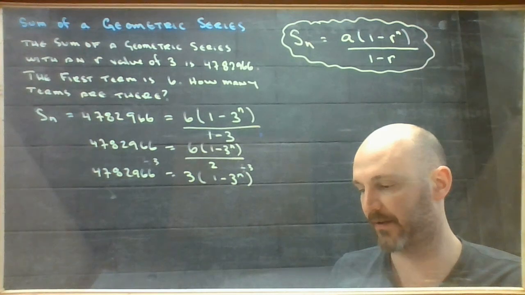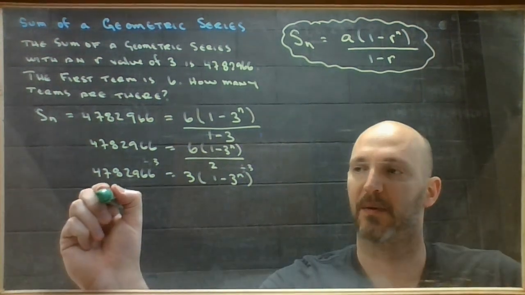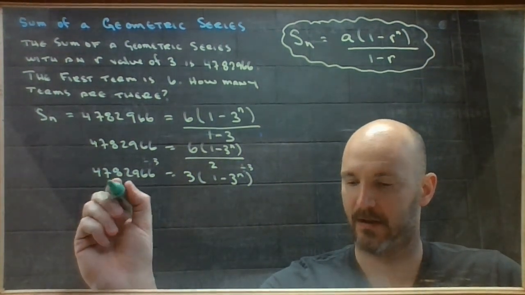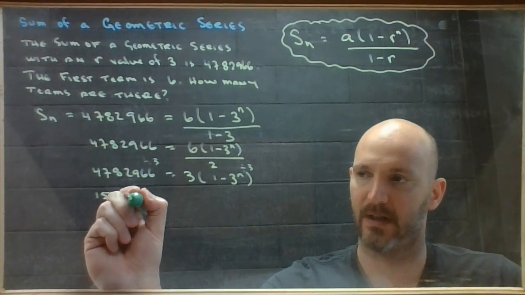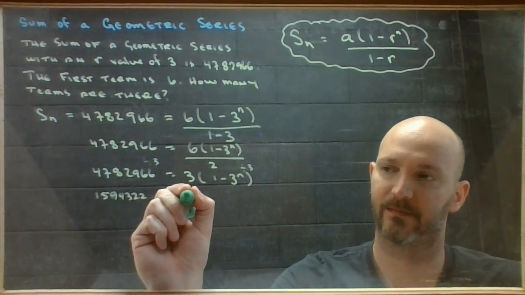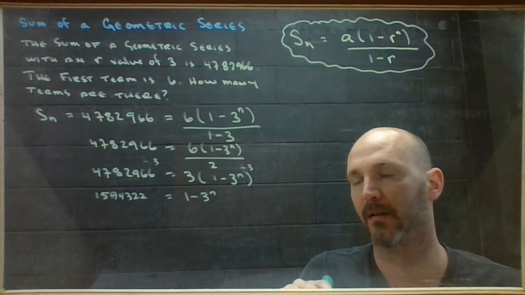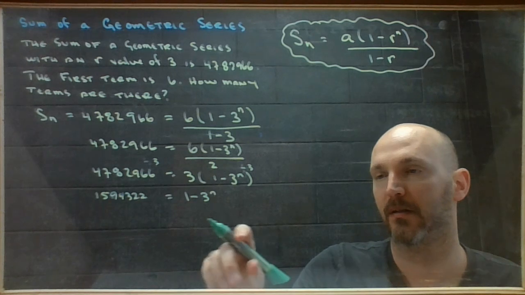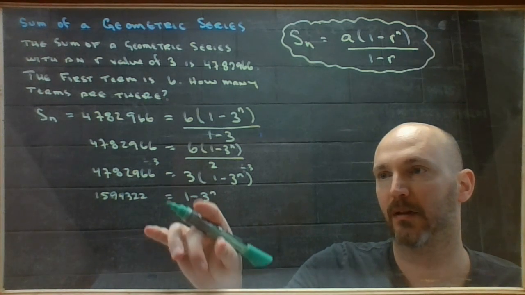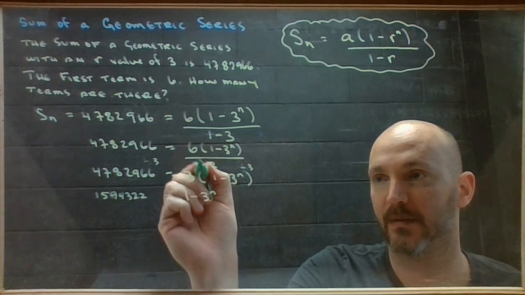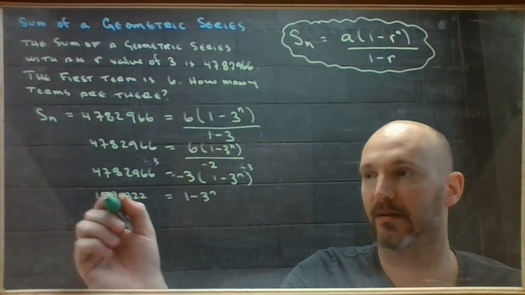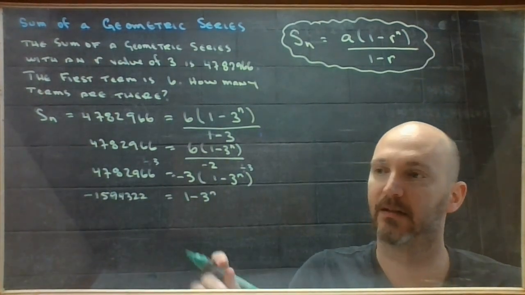4,782,966 divided by 3 gives me 1,594,322.